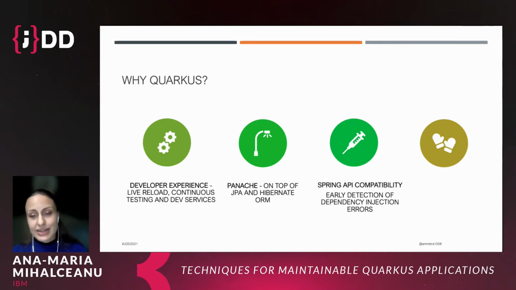Now, if you're a Spring developer, there's good news. There's Spring API compatibility. So in case you're more used to Spring, like I was, coming from a Spring background, when I was looking firstly at Quarkus, I thought that it would take me so much time to learn the framework and to adapt to this new framework.